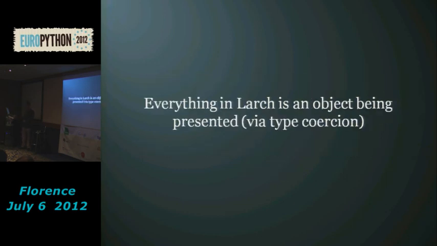Everything you've seen in Larch so far is just objects being presented via this technique. The main home page with the list of projects, the projects themselves, the worksheets, the source code. So it's a fairly flexible technique. I found it to be quite useful. It's also fairly scalable because the code is represented as a collection of lots of little objects, so you can have thousands of them active at once. It's no problem.